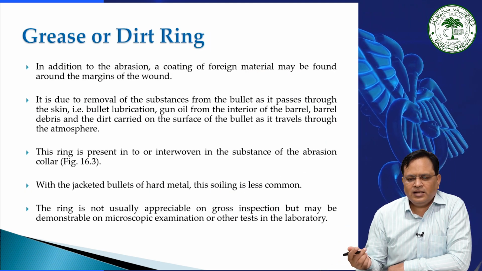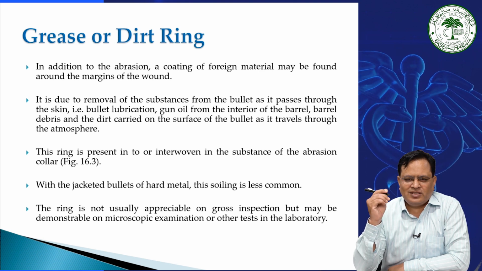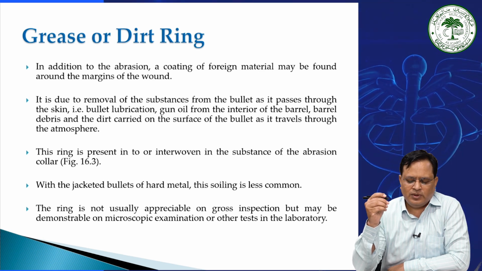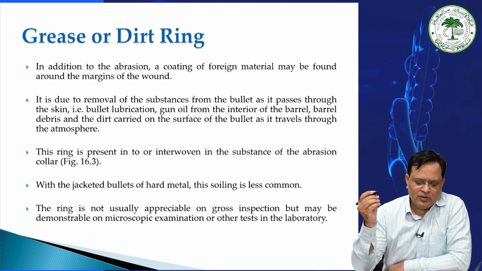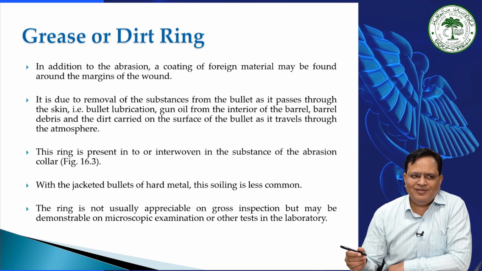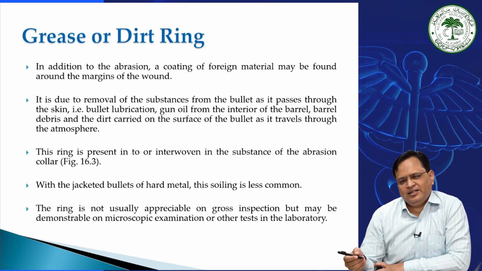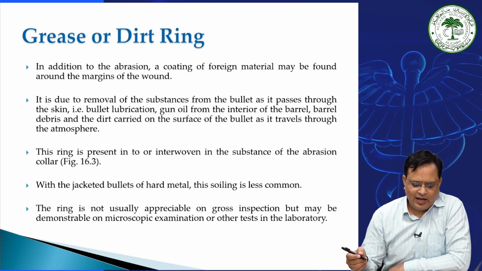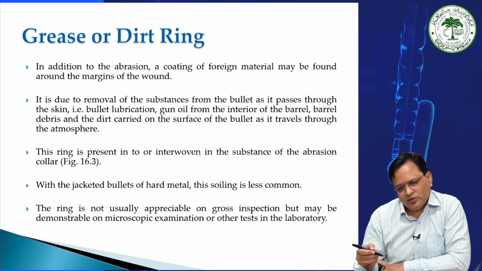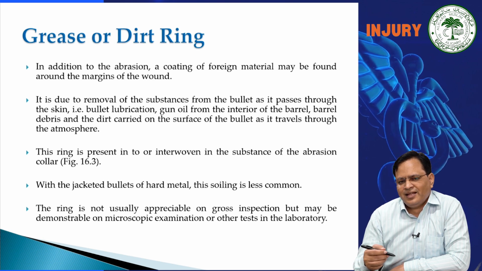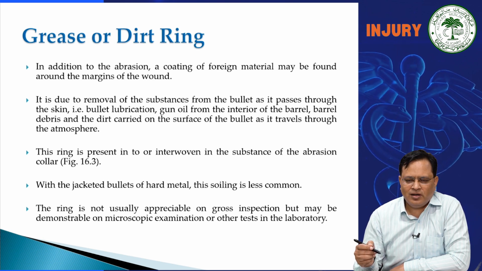Grease or dirt collar. The barrels or guns which are used will have grease applied on the inside of the barrel. So the bullet always carries some of the grease with it, and along with the abrasion collar, it also deposits that grease. Then that is called the grease or dirt collar.